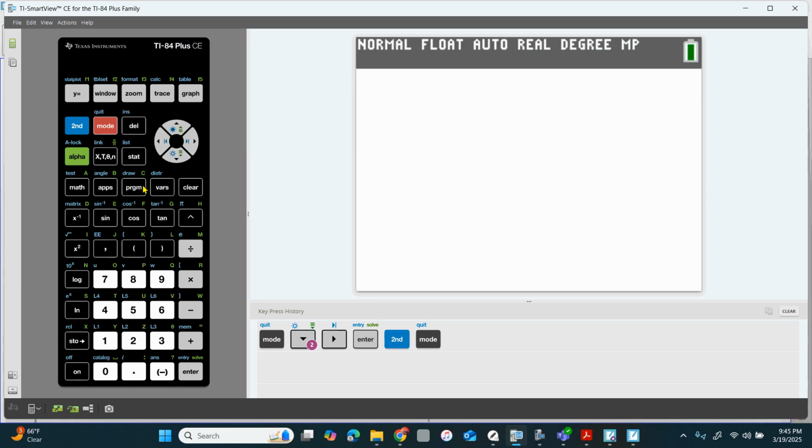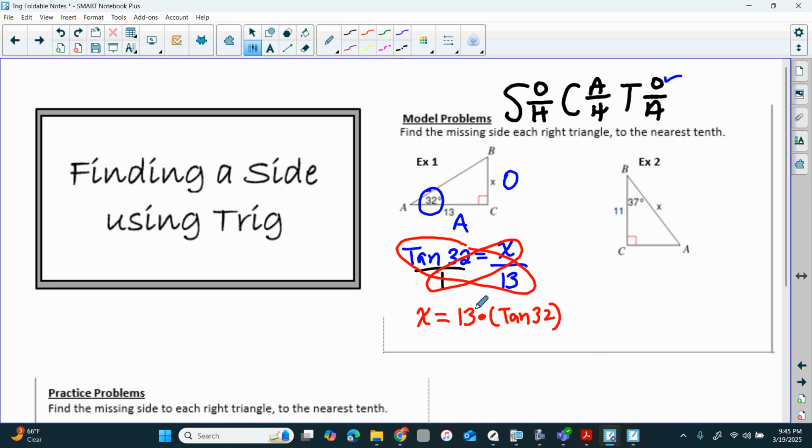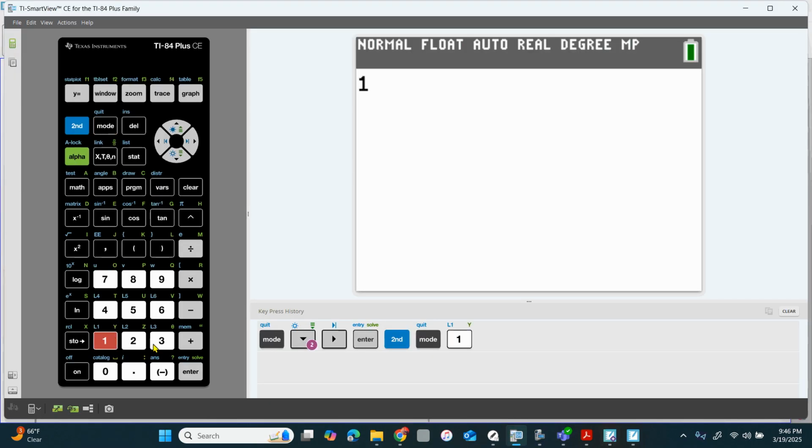On your calculator down here, you have the sine, cosine, and tangent. To get x, we have to do 13 times the tangent of 32, and it says right here, to the nearest tenth. So on the calculator, type in 13, then hit times, and then tangent of 32 degrees.